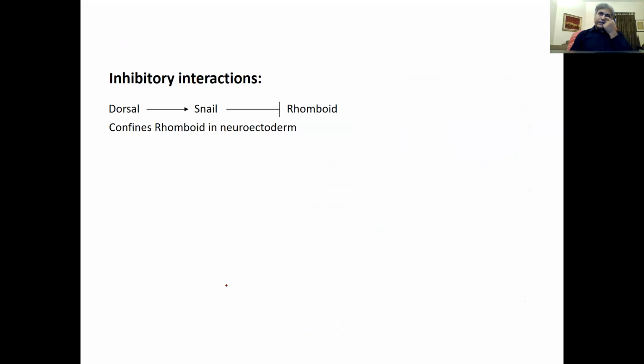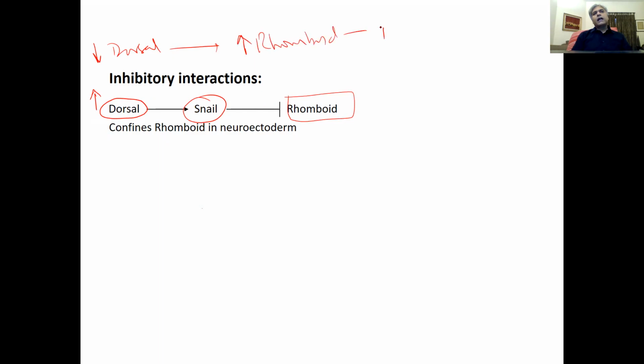So this inhibitory interaction we have already covered: a high concentration of dorsal activates snail and twist, and they inhibit rhomboid. If you have a low concentration of dorsal, you have activation of rhomboid, and that leads to neuroectoderm fate.